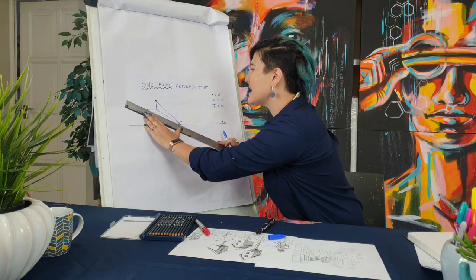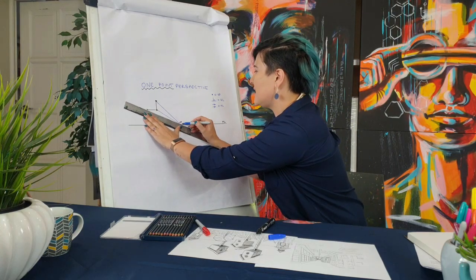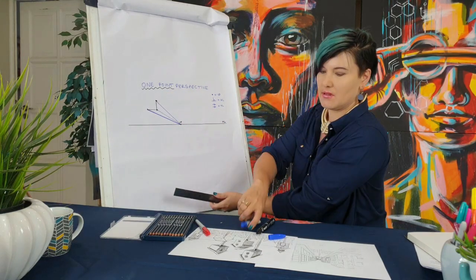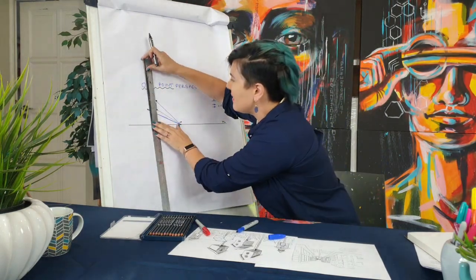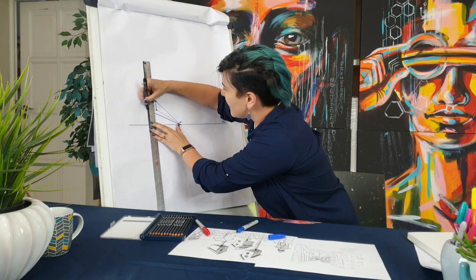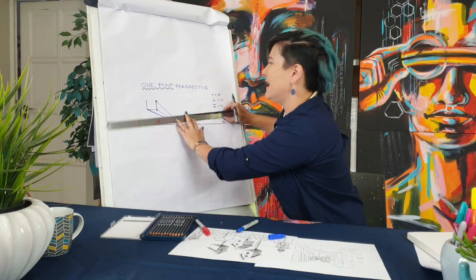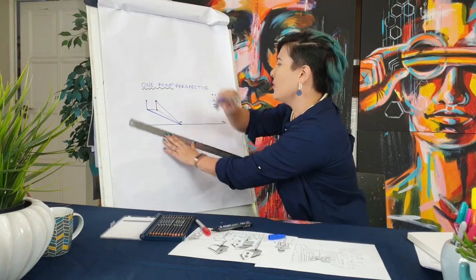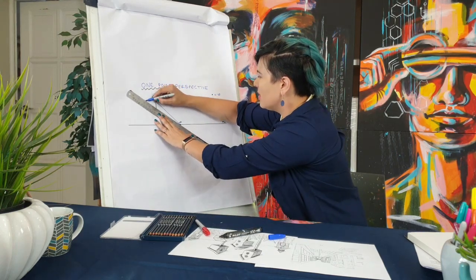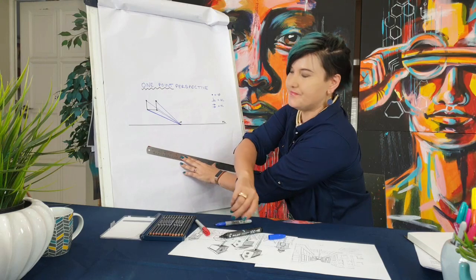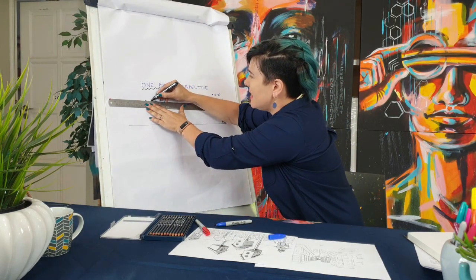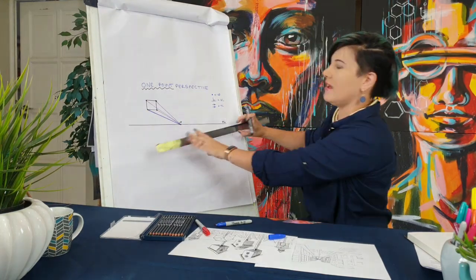The point has to go to the vanishing point. Once again, if I want to go up straight, it has to be perpendicular. Introduced a new point. That point has to go to the vanishing point. I'm drawing a horizontal line, has to be parallel.